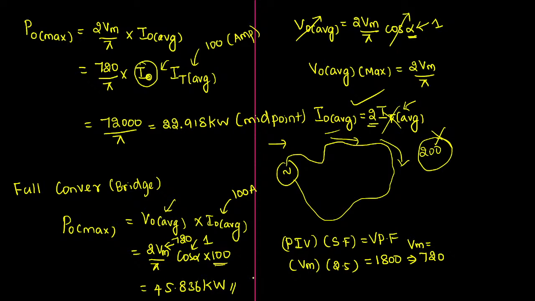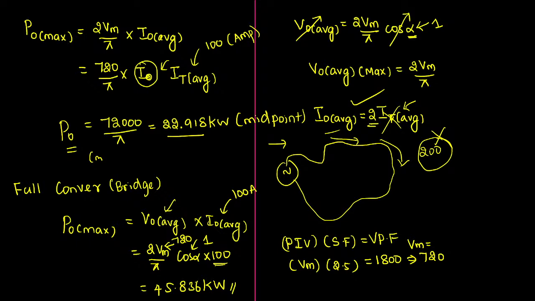So it will be 45.836 kilowatt. Fine, sir. What is the difference between this and this? See, the power handled by the converter in the case of midpoint, we got 22.918. Just multiplied by 2, you get 45.836. Yes or no?